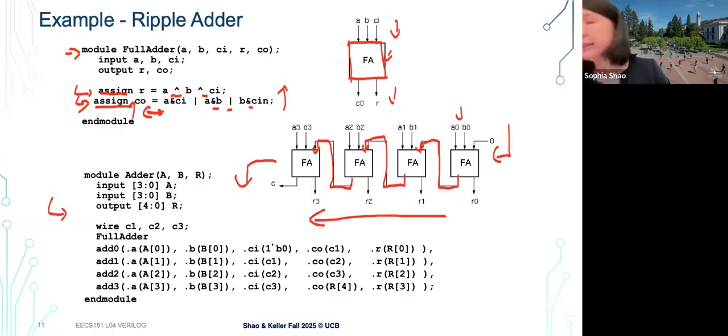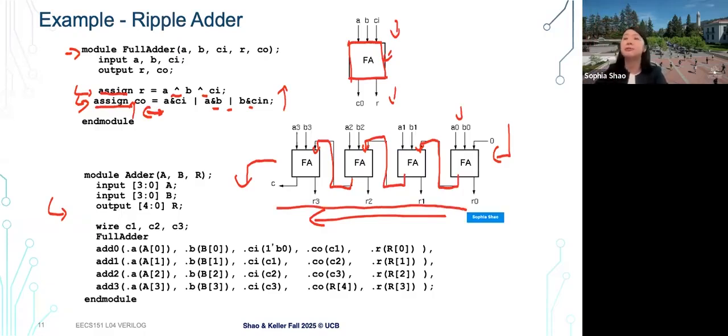Once you know this is how I want to connect the 4 full adder basic blocks together, you can write a 4-bit adder. The 4-bit adder produces a 5-bit output together, using the full adder basic blocks that you designed earlier, right? So this is another way of doing things hierarchically.